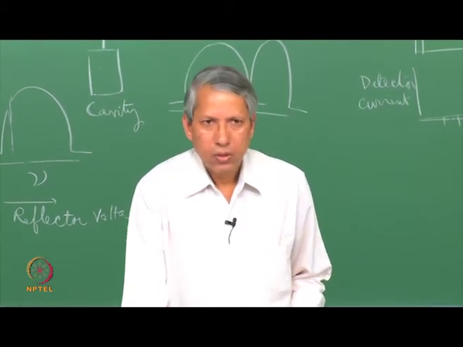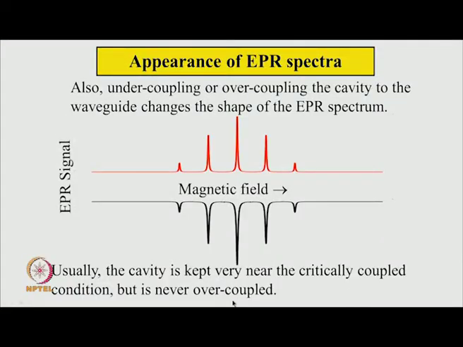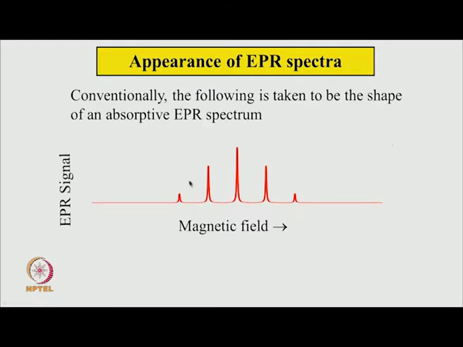But in practice we never work under overcoupled condition, we work under just a little bit less than critically coupled condition. So, conventionally for an absorptive spectrum, this is the shape that we have taken to be the true shape of the spectrum. It is just a convention.